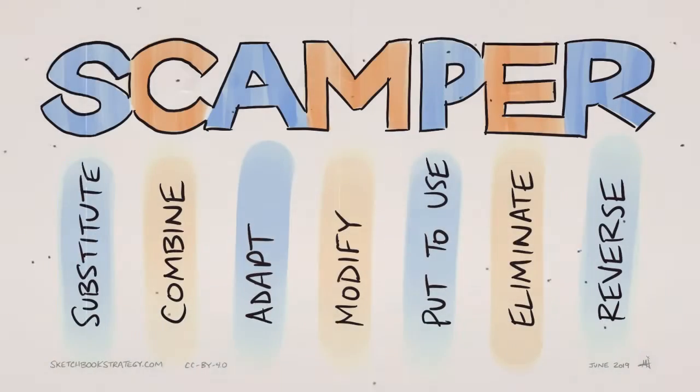Substitute consists of material, process, raw product or ingredients. C, combine, can be in terms of idea, talent, resource and objective. A, adapt, can be in terms of product, context, idea, emulation and process. M, modify, can be maximize, extra features and minimize.